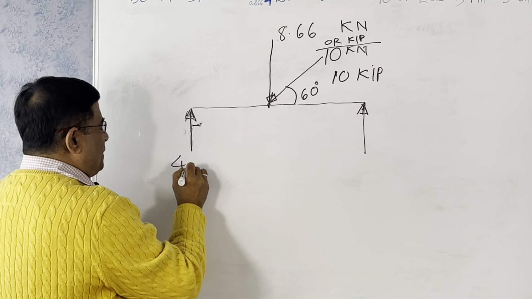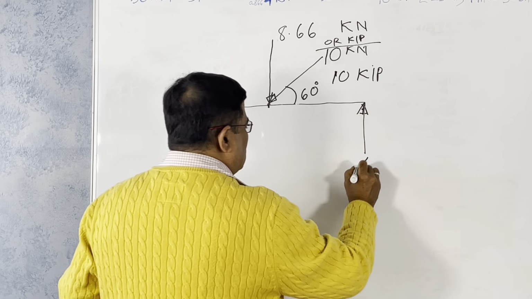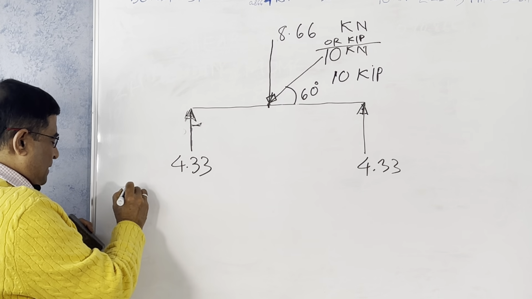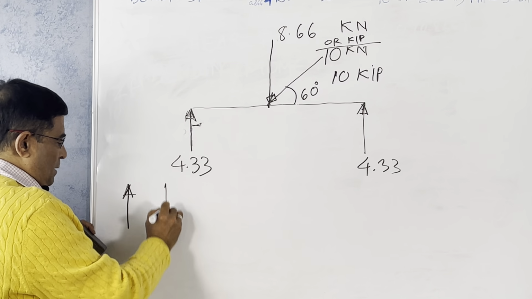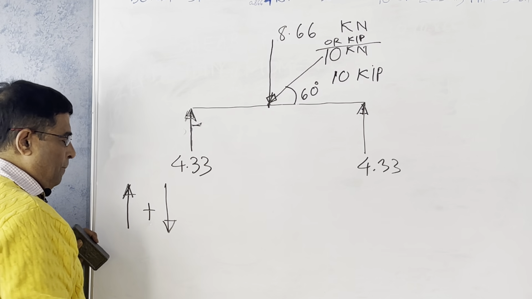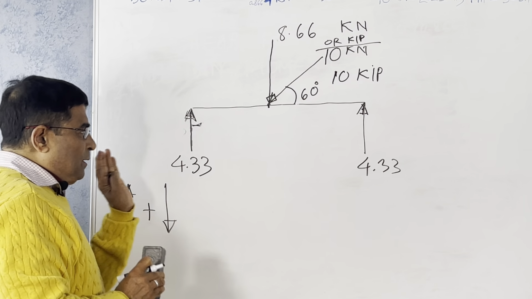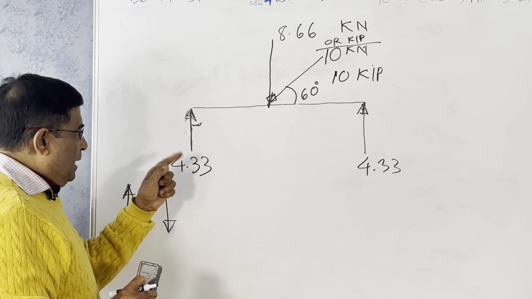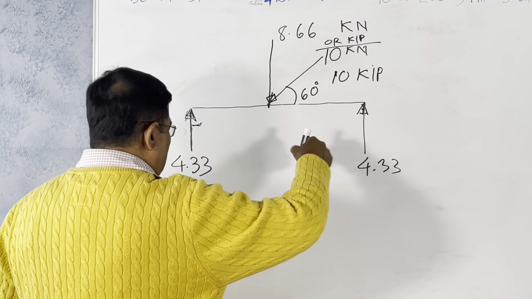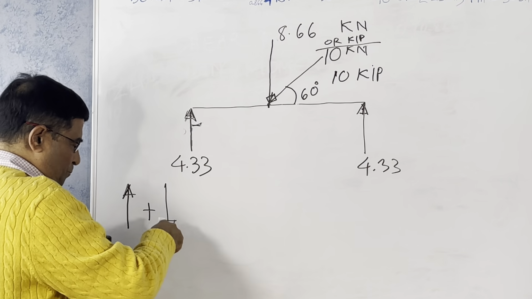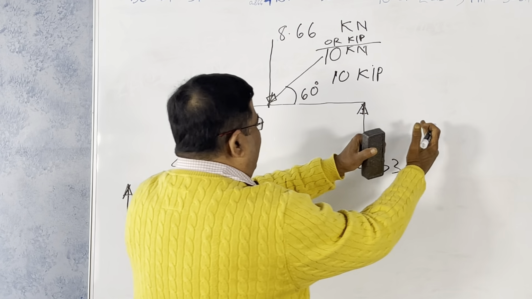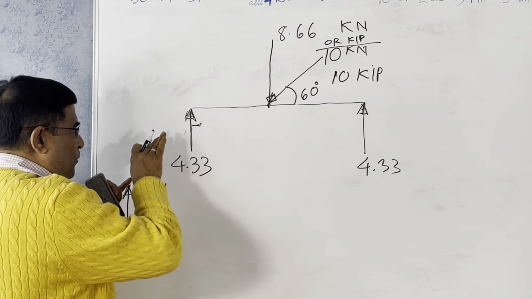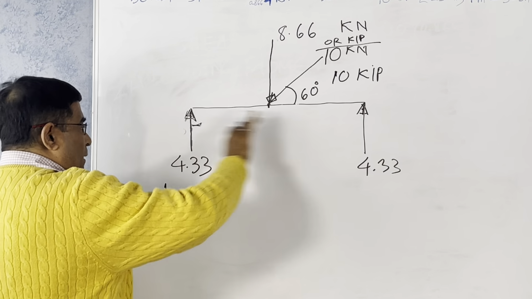So it is 4.33, right? And this is also 4.33. In the shear force diagram, we have a sign convention. This is positive. That means if we consider from the left, upward force is positive, and if you consider from the right, downward force is positive. That means if you calculate the values from right to left, this will be the case, and if from left to right, then this is the case.